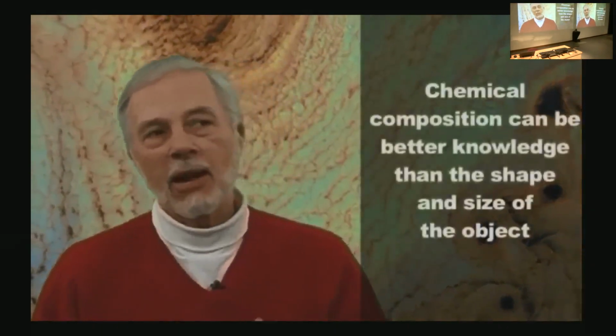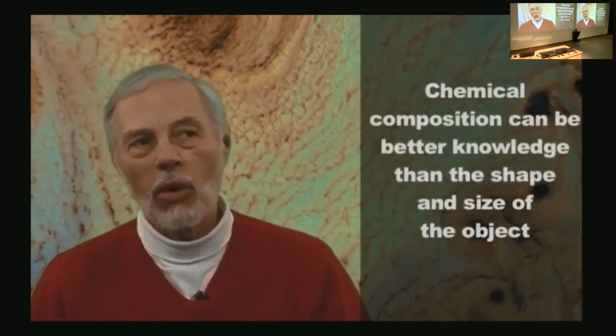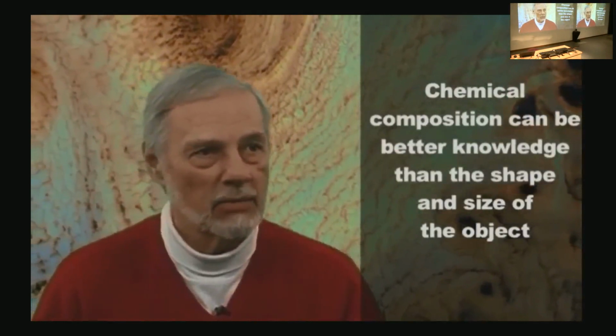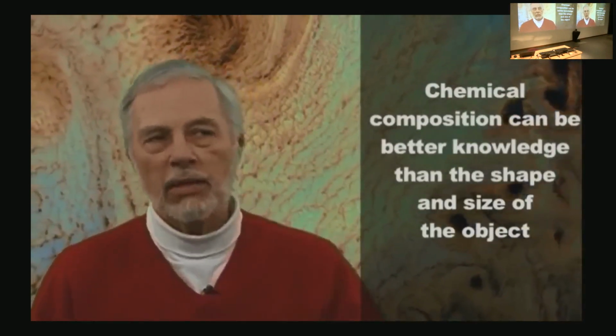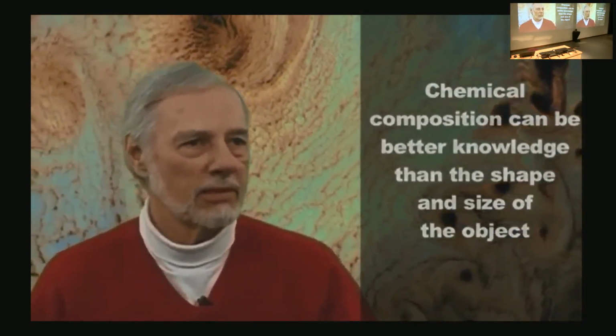And finding out chemical composition is many times far more useful information than knowing the shape and size of the object. For instance, if I had the spectrum of the paint on your truck, one pixel the size of your whole truck would let me identify that truck, because I would be able to look for the composition of that paint.